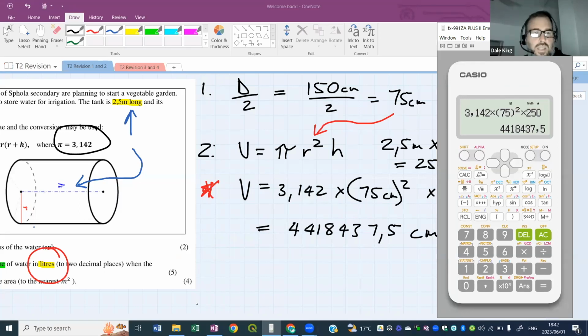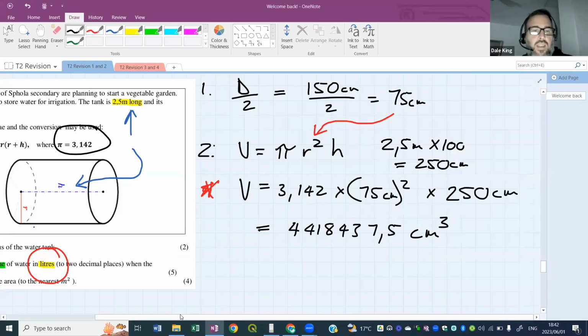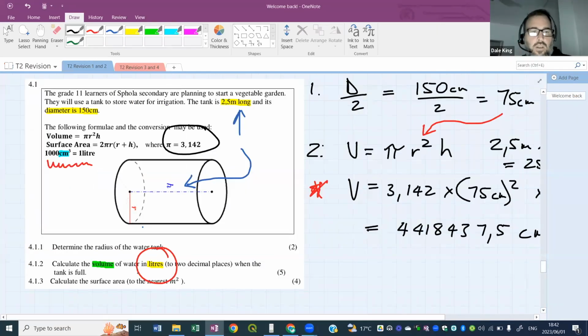This question says it wants the volume in liters. We've got the volume in centimeters cubed. Now, the volume formula that we just used never gives you liters. It only gives you millimeters cubed, centimeters cubed, meters cubed, kilometers cubed, etc. It never gives you capacity, which is liters and milliliters.